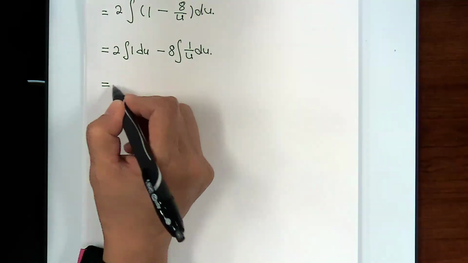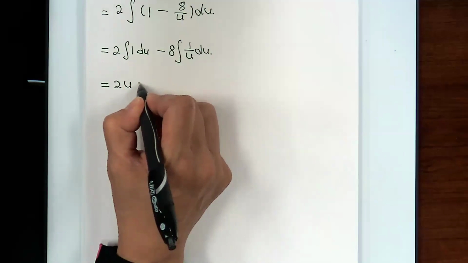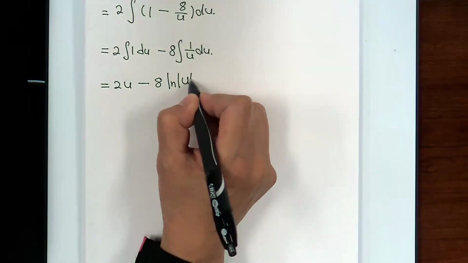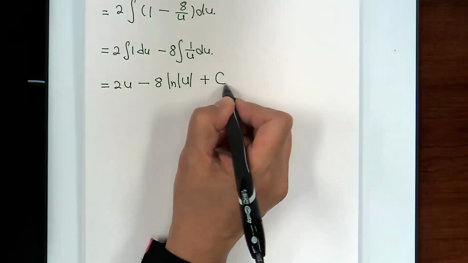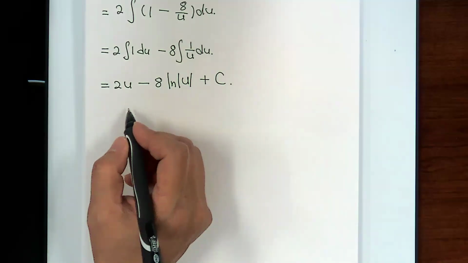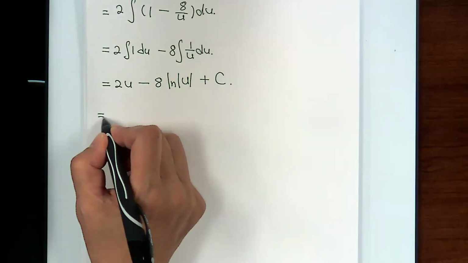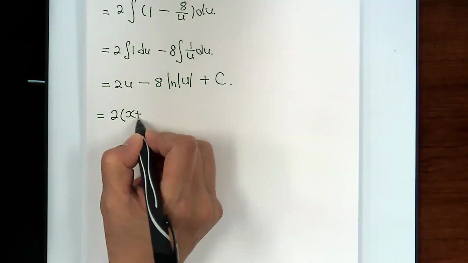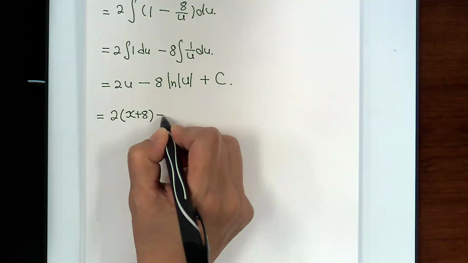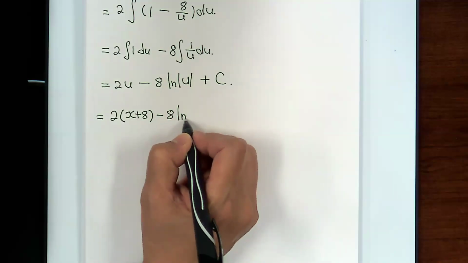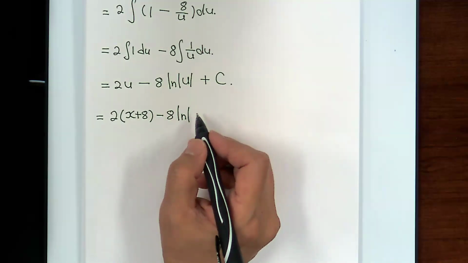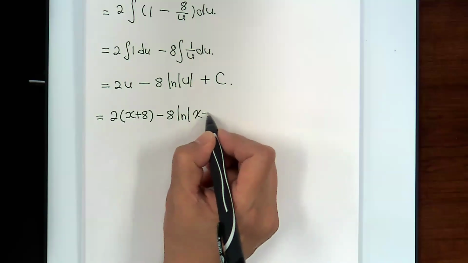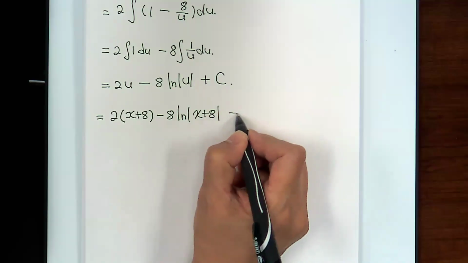So that is 2 times (u minus 8 times natural log of the absolute value of u) plus c. So that is 2 times (x plus 8 minus 8 times natural log of the absolute value of x plus 8) plus c.